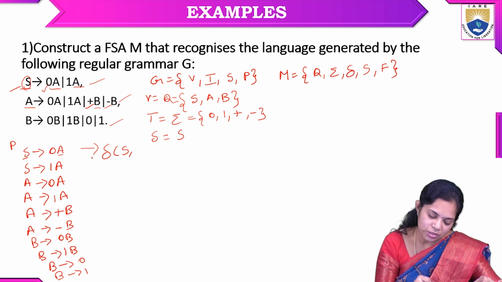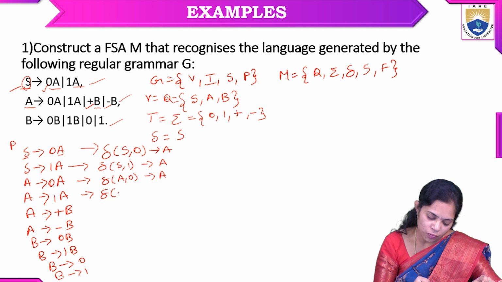The present state is S, and with input 0 it reaches A. The transition of S comma 1 reaches A. The transition of A comma 0 reaches A. The transition of A comma 1 reaches A. And the transition of A comma plus reaches B.